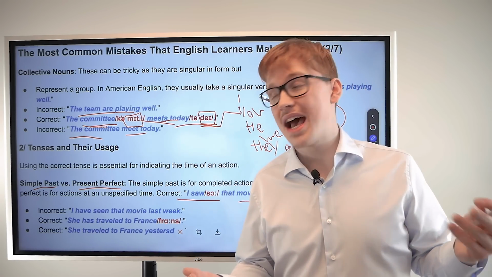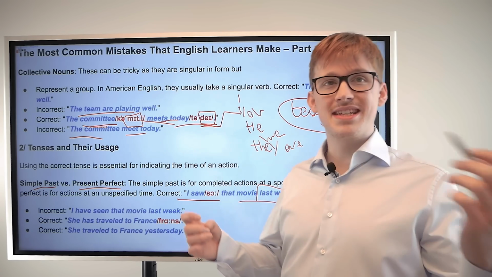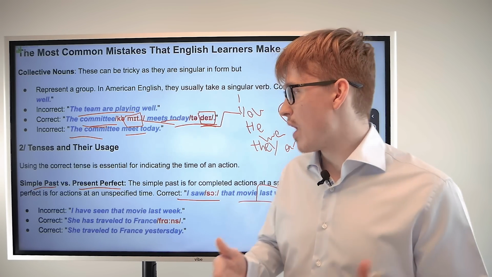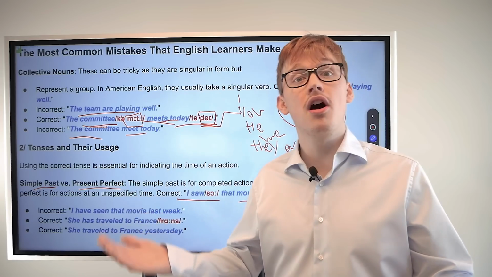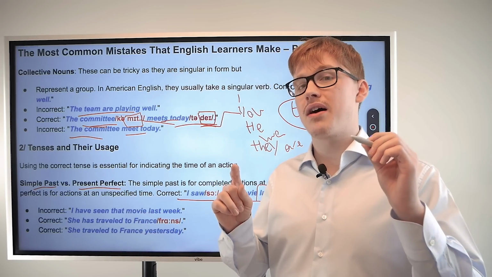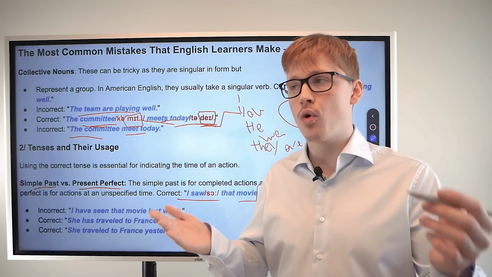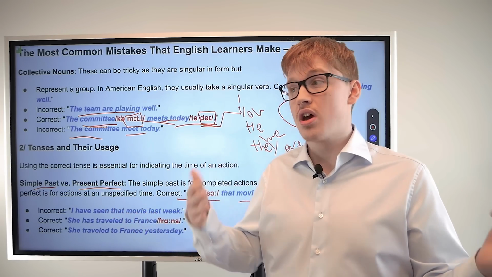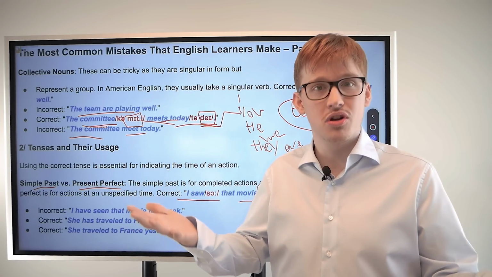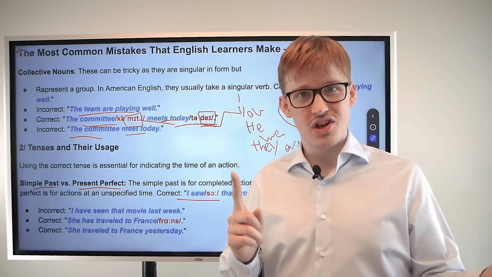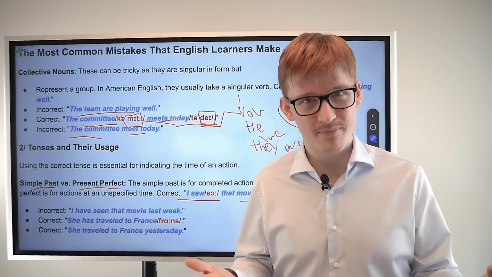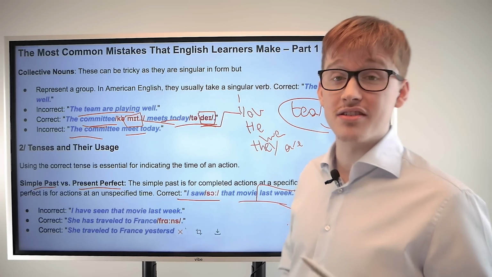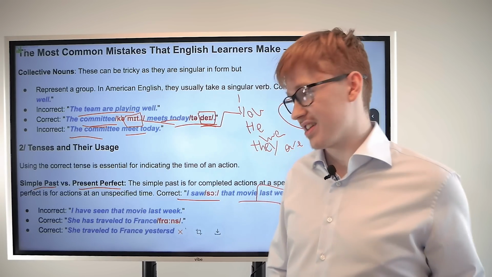I like to look at it as the simple tenses are focusing more on a specific time frame, whereas the perfect tenses are looking at how two or more different times in the past, the future, the present, and so on and so forth, relate to each other and how they affect each other. So those are the two differences, and hopefully they help you because they're used quite often in English.